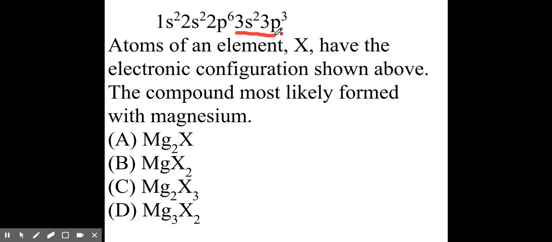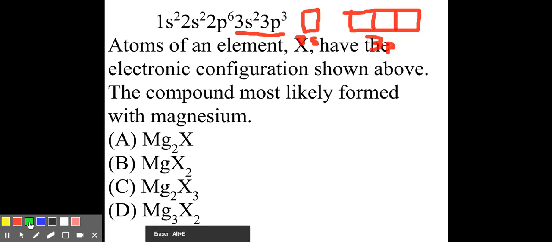So let's look and let's identify its valence shell. Remember, that's going to be the outside shell. So this is the valence shell right here. There are 2 electrons in the s orbital and 3 in the p orbital. So if I draw my boxes, there's the 3s, and then there's the 3p, and I'll draw my boxes there.